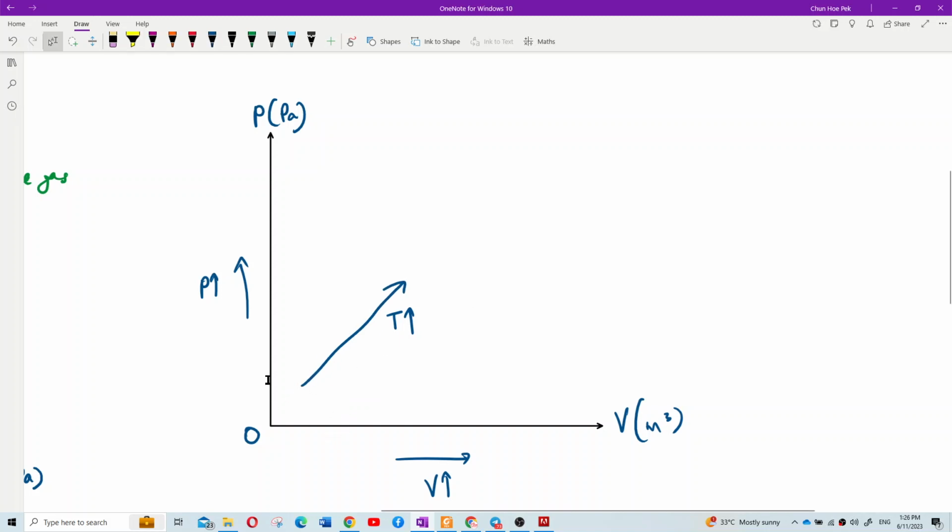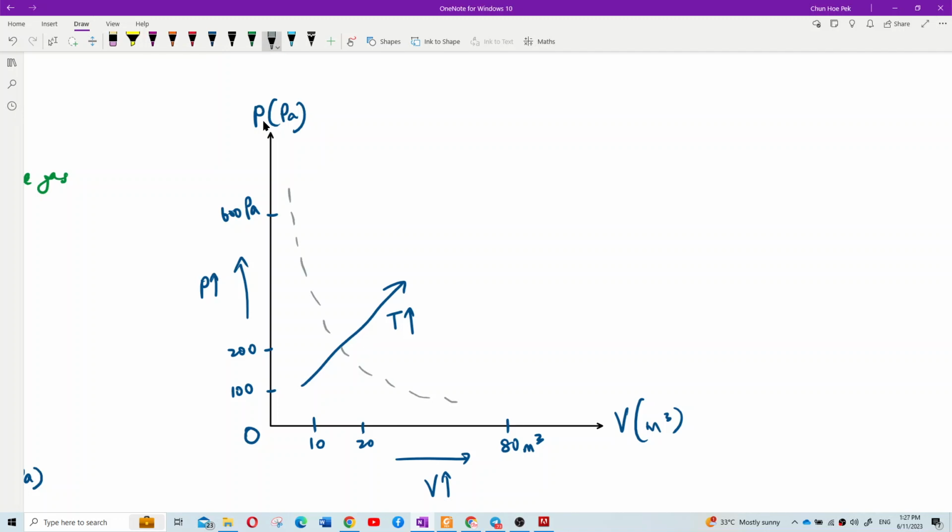Temperature is going diagonally. That means if pressure is 100 or 200, 300, 600 Pascal, and volume is like 10, 20, up to 80 meter cube, temperature means we have the isothermal line.